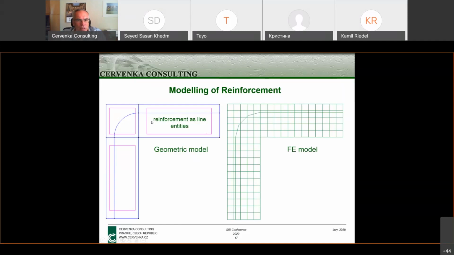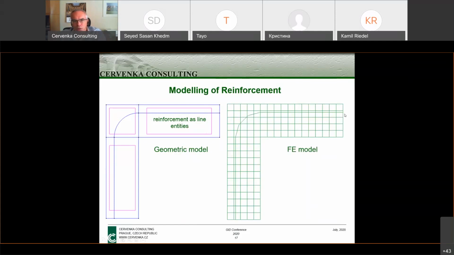And then we create a finite element model. Now this is, let's say, connected to our preprocessor GiD. In GiD, you have to always run the meshing, and this then meshes these three surfaces to create quadrilateral elements. And through that is passing the idealized reinforcement.